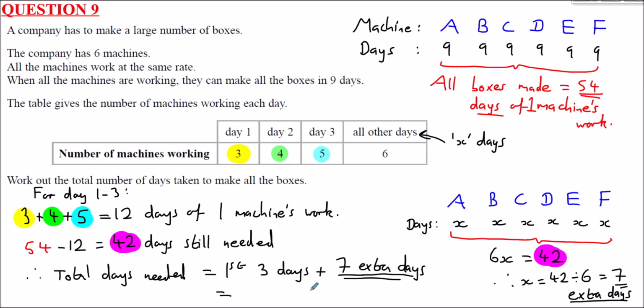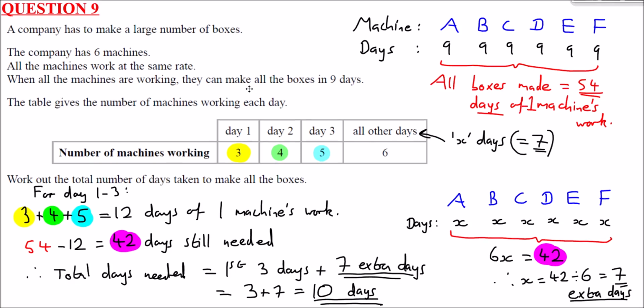So that's 3 days plus these extra 7 at the end. Worked out that's 7 now. 3 plus 7. We need 10 days in total for these machines to be working for.